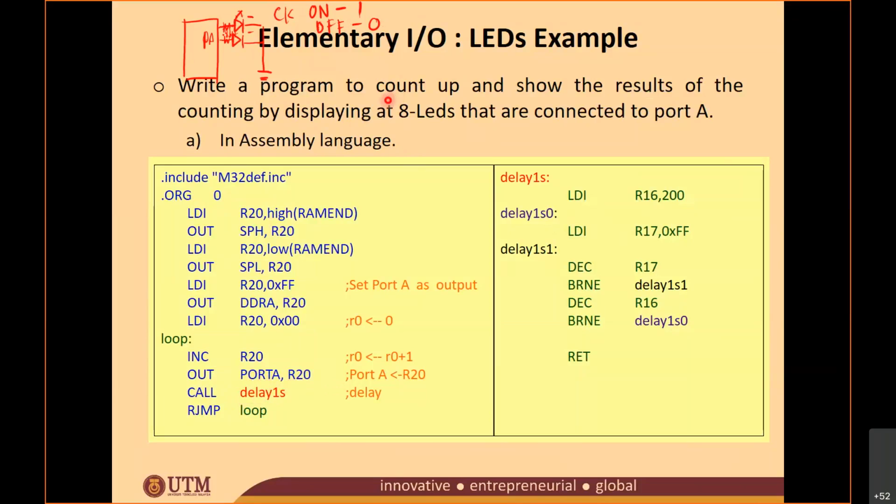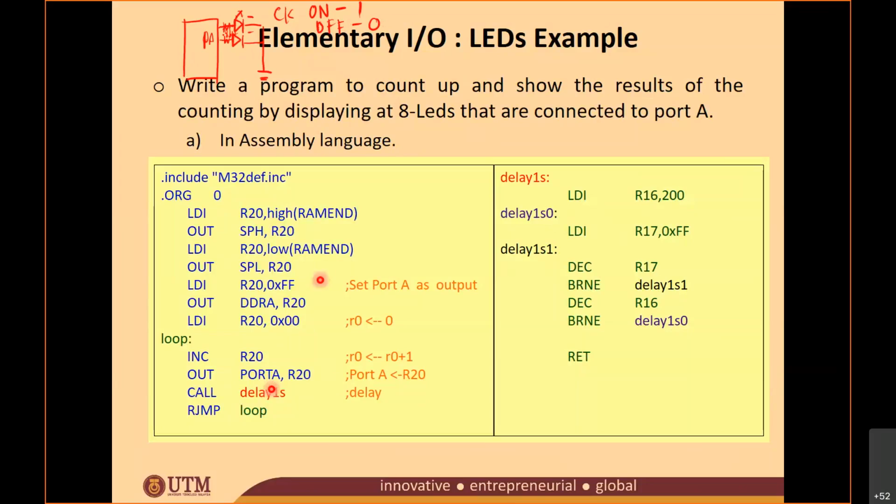If you do not put delay here, you cannot see the changes from number 1 to number 2 because it is very fast. So in order for us to see the changing of the counting from 1 to 2, 3, 4, 5, we put a certain delay.